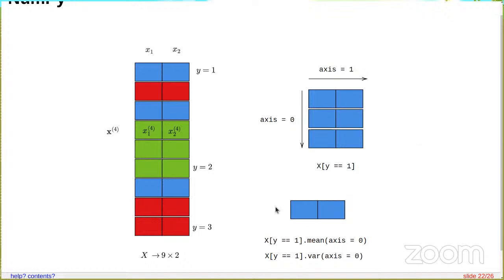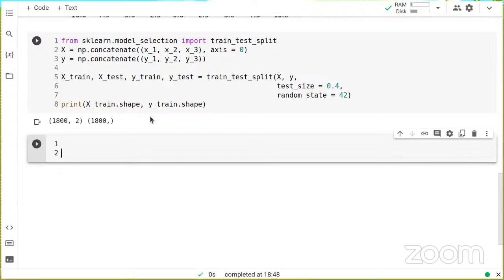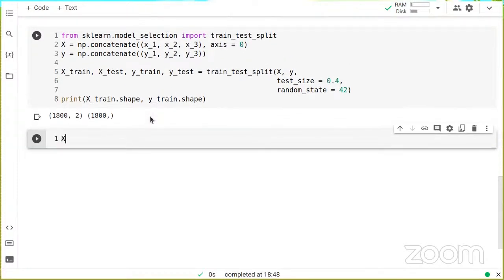That's a good one. It turns out that there is an even simpler way to do it. I'll just write it down. X is the feature matrix, X_train.